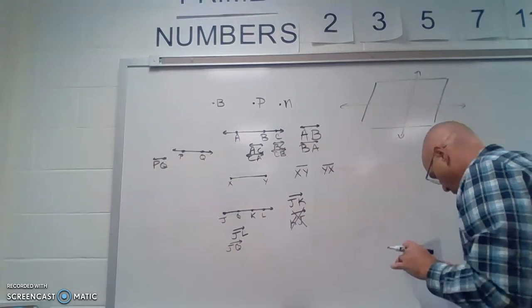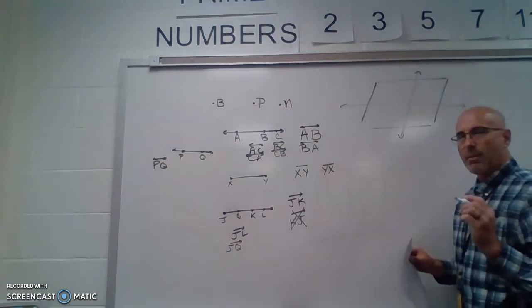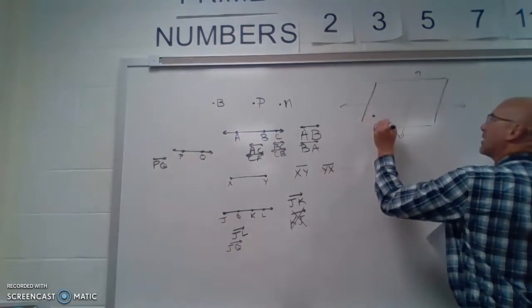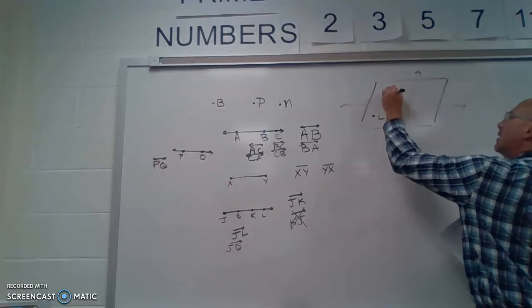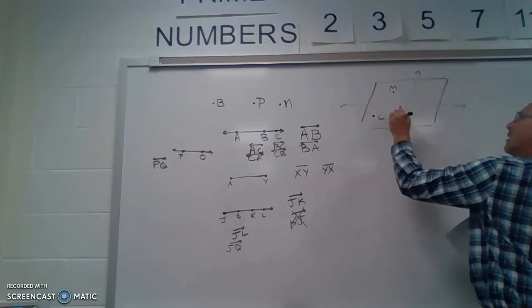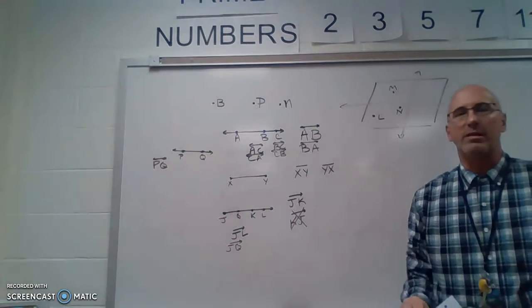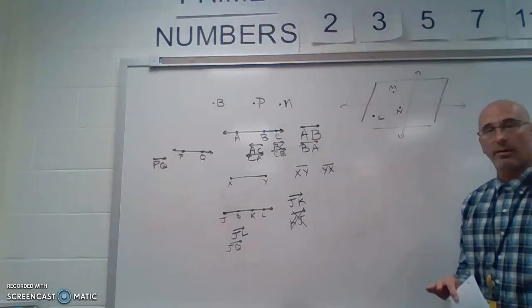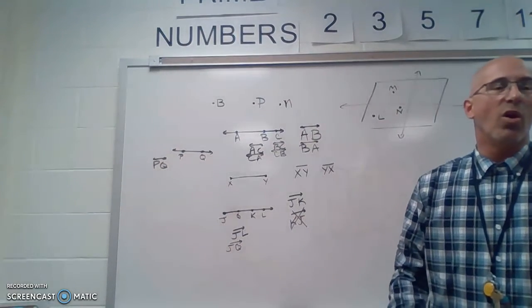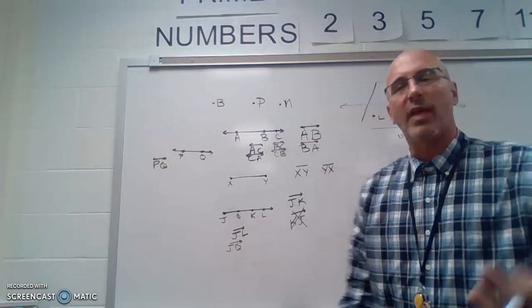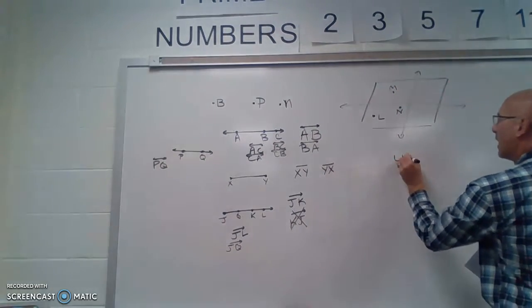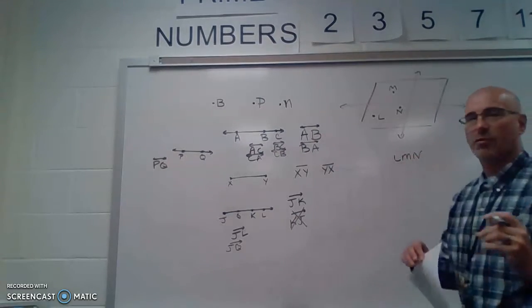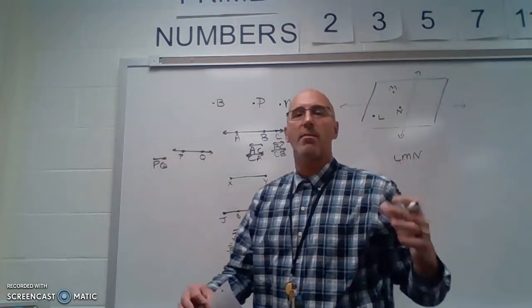Okay? The way we label a plane is we pick 3 points. I'm going to pick 3 points in this plane, L, M, and N. So the way we're going to label that is plane LMN. So if you ever were asked, can you name a plane?